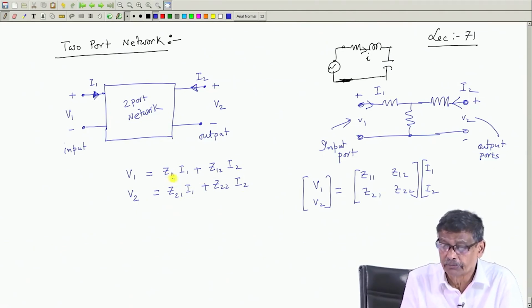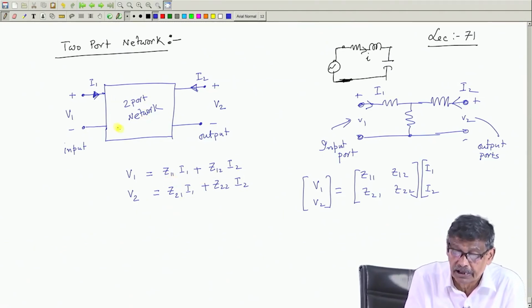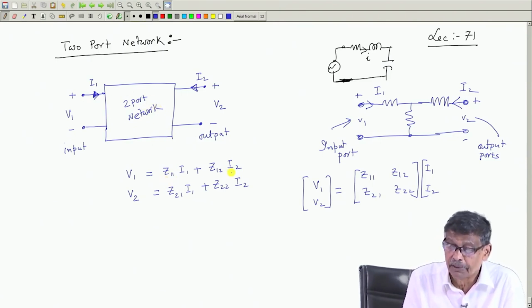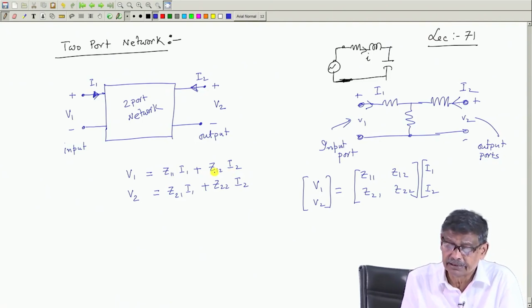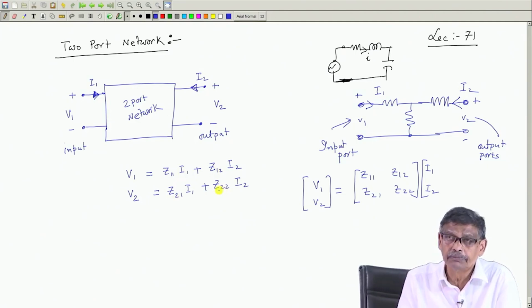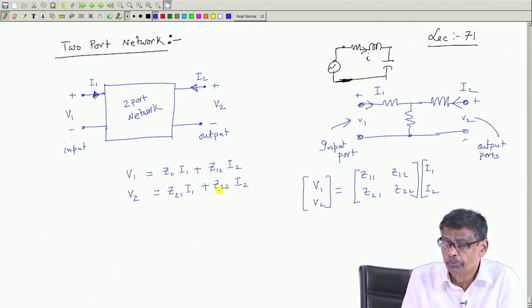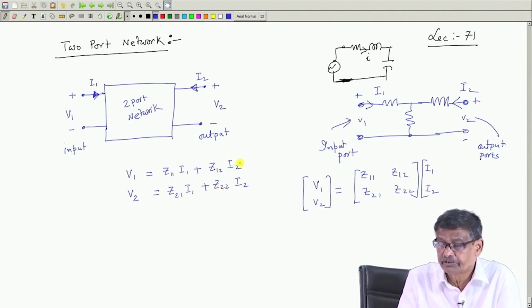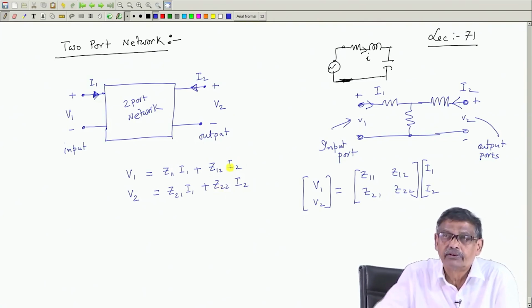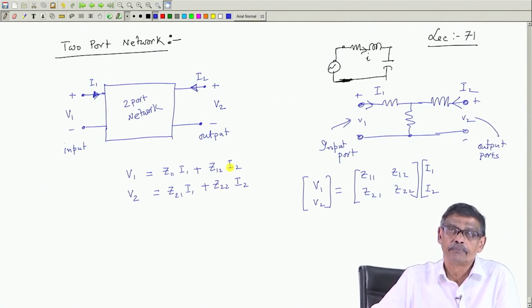How much is Z 11? How to model this two port network in this fashion? Z 11, Z 12, Z 21 and Z 22 must be known, then only can useful utilizations of these two equations be carried on.